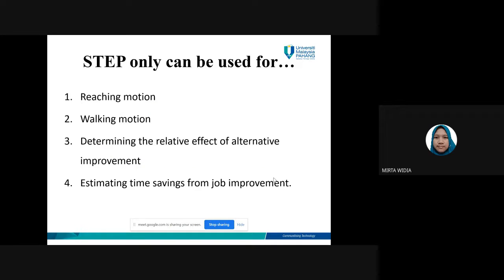STEP can only be used for reaching motion and working motion, determining the relative effect of alternative improvements, and estimating the time saving from job improvement after we reduce the reach motion and eliminate the walking motion.